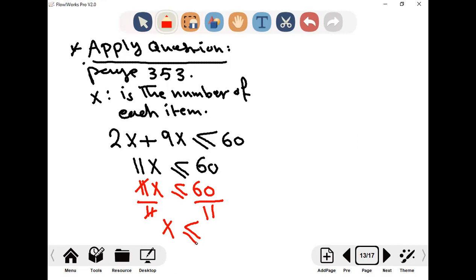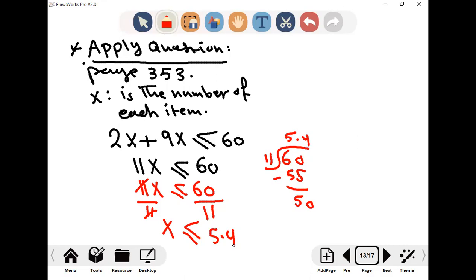Let's divide. 60 divided by 11. 5, 55, subtract, 5. Decimal 0, 4, so 5.4. Right? So x is less than or equal to 5.4.